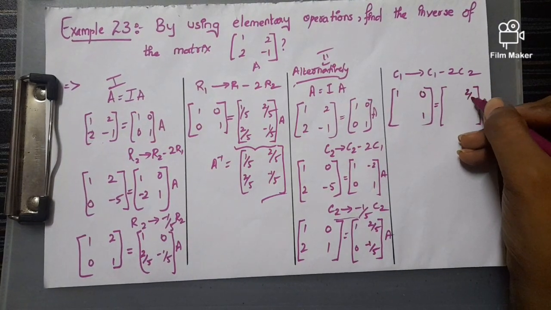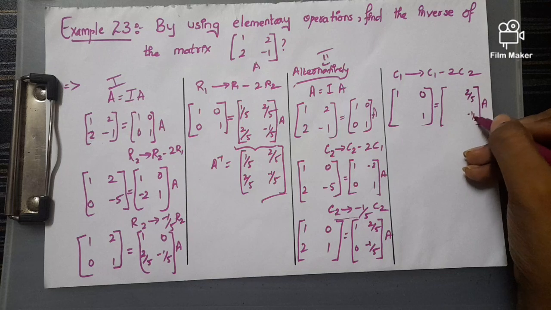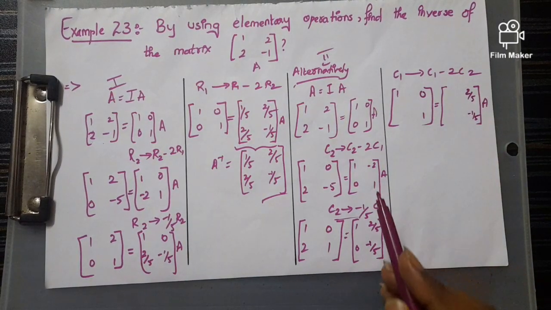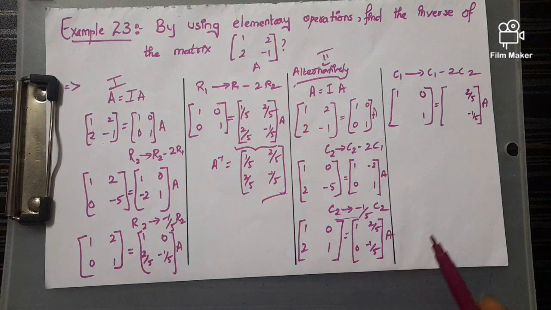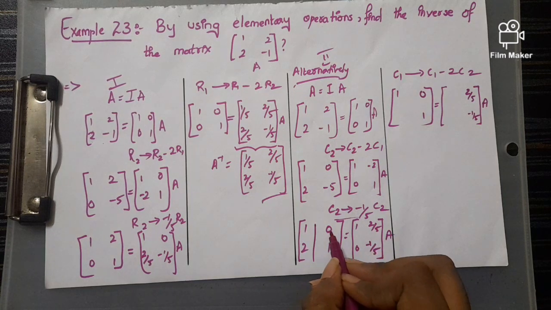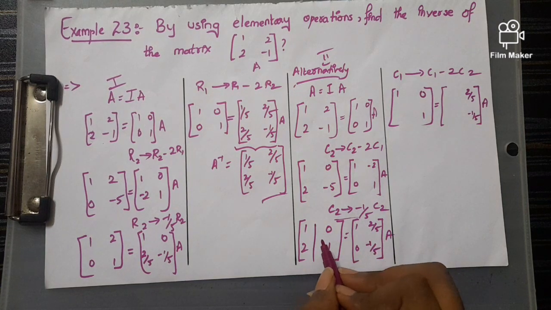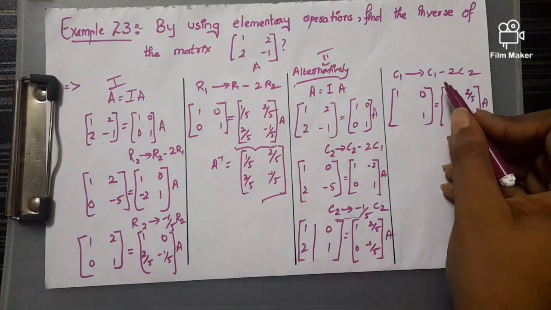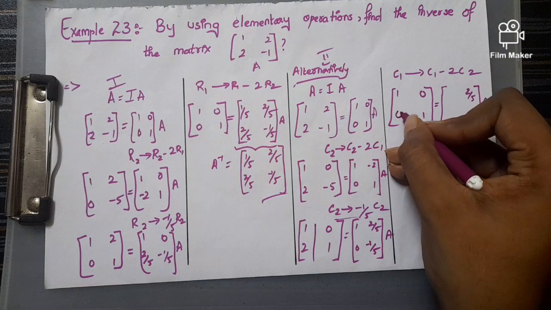Similarly 2 by 5 and minus 1 by 5 remain the same. What will come as C1? C1 is C1 minus 2 C2, so 1 minus 2 times 0 is 0, so 1 minus 0 is 1. Similarly 2 minus 2 times 1 is 2, so you get 0.